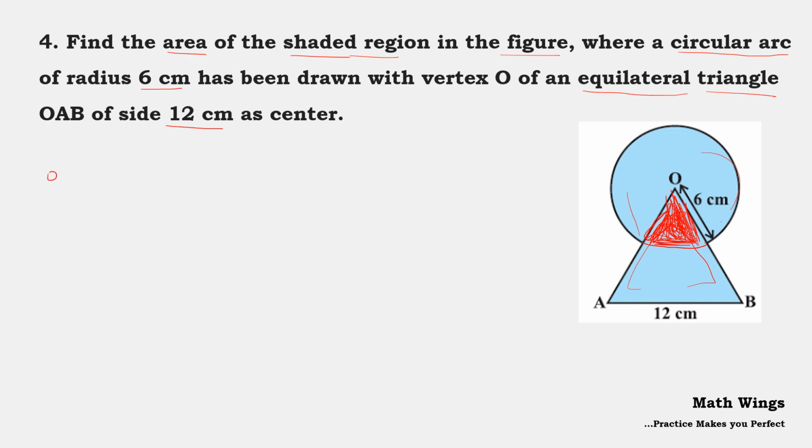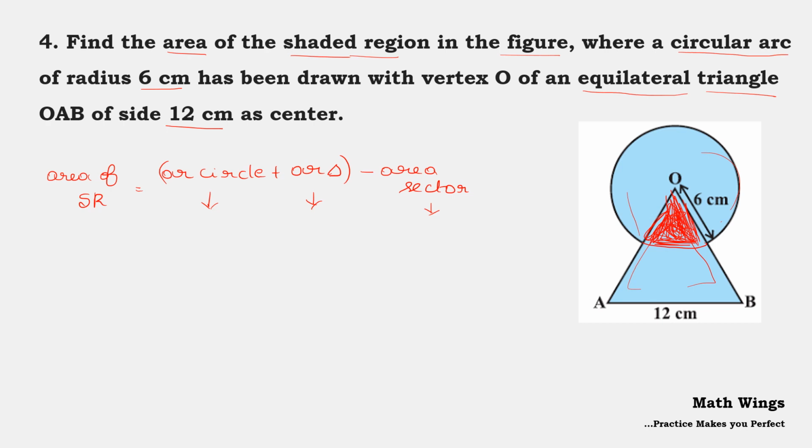That is, area of shaded region is equal to area of circle plus area of triangle minus area of the sector. Now, how can we find the answer? We can go one by one and find the areas separately, then combine them accordingly.